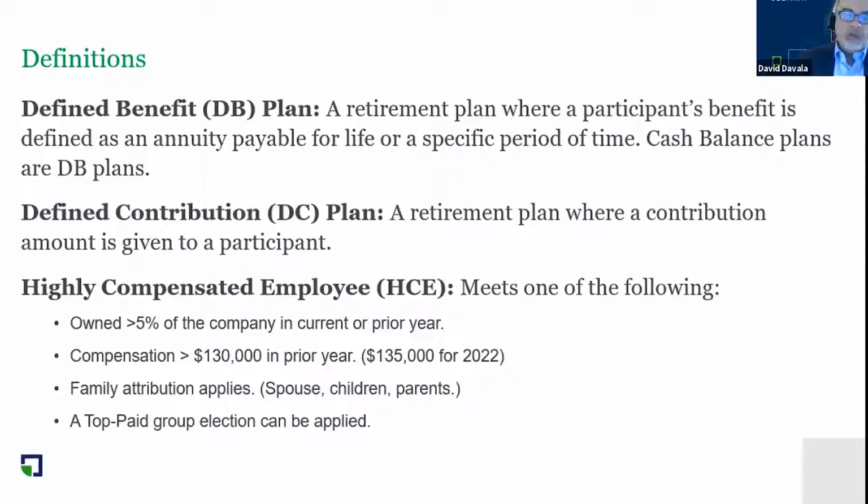If you elect the top paid group designation, then only the top 20% of employees based on pay are considered HCE. So if you rank your employees, there could be some employees making more than $130,000, but if they're not in the top 20%, then they're not HCE. This can help with testing, as we'll see in some examples.